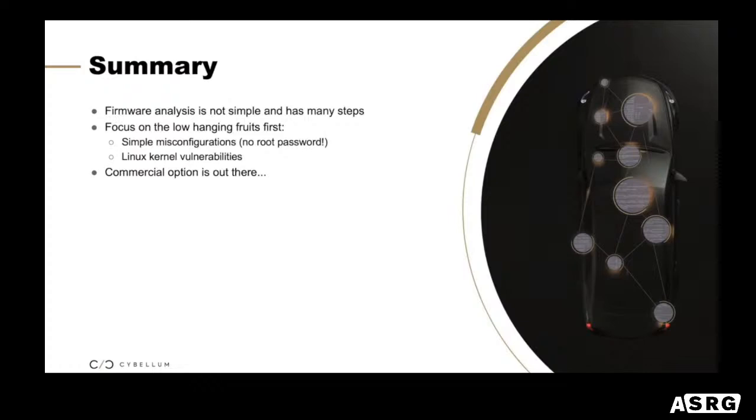First of all, the misconfigurations like no root password or hashed credentials that can be easily cracked, and focus on the most critical vulnerabilities. The Linux kernel vulnerabilities, for example, are good examples, and perform this relevance check that I mentioned to see what is relevant and what is not relevant for your firmware.